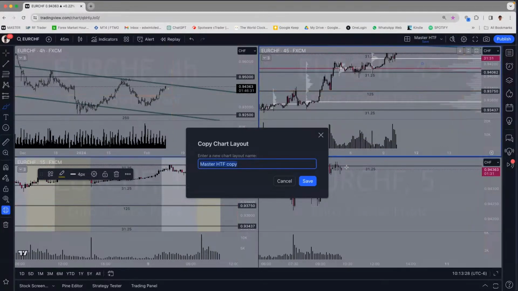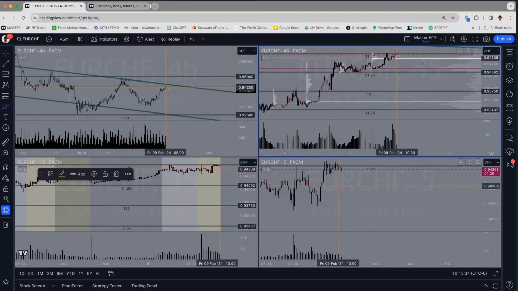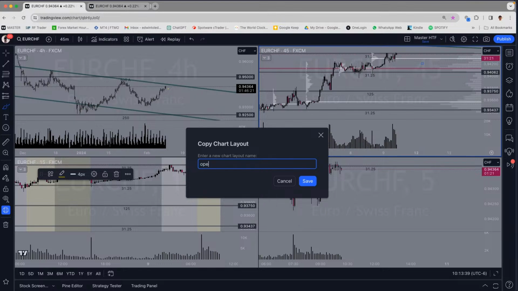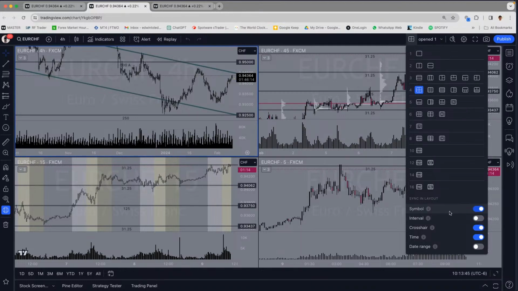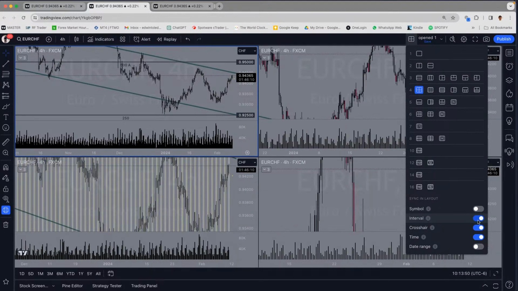Let's make a copy, which we're going to call open one and open two. These ones will have the particularity that we want a different symbol, same interval, crosshair.